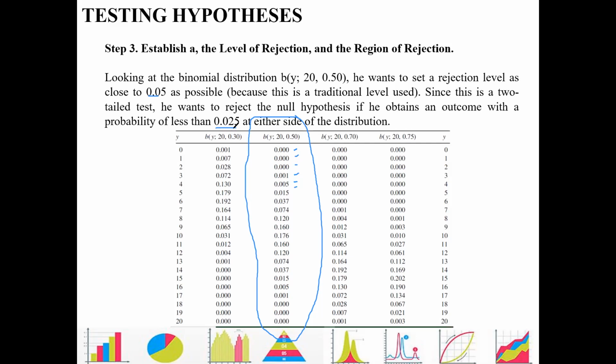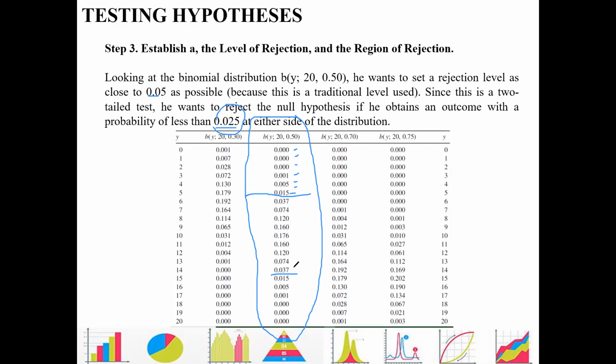Kapag lumampas sa 0.025, do not include it. Like for example, this one, 15, 5, so 20, 0.02, 0.021. Pero nang inadd mo na yung 0.037, lampas na siya ng 0.025. So you have to exclude that from the list. And then also here, 0.015, 0.005, 0.001, that is 0.021.